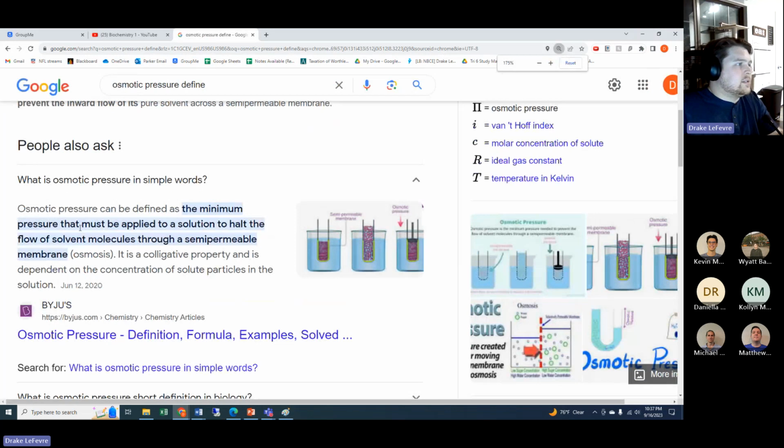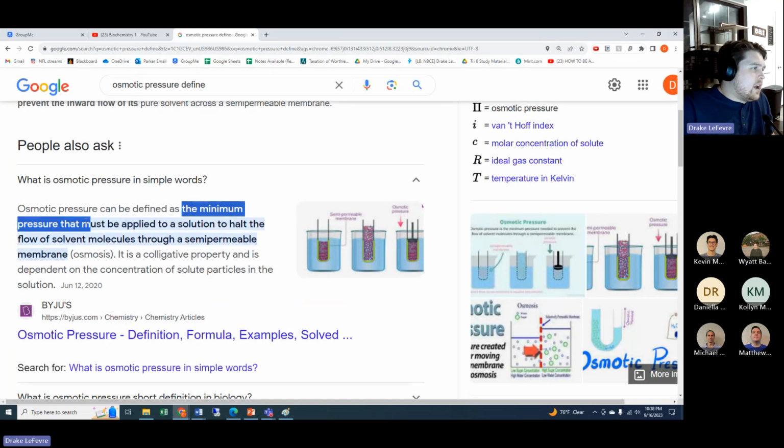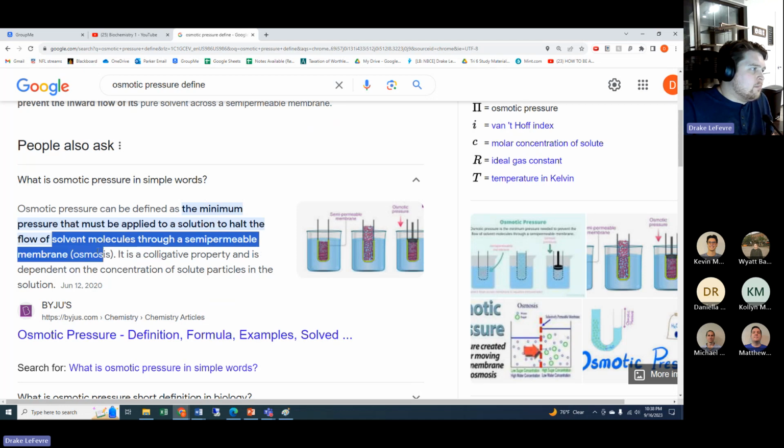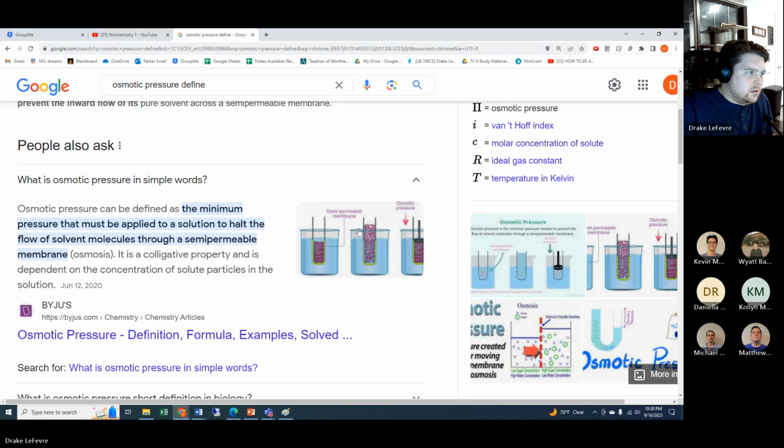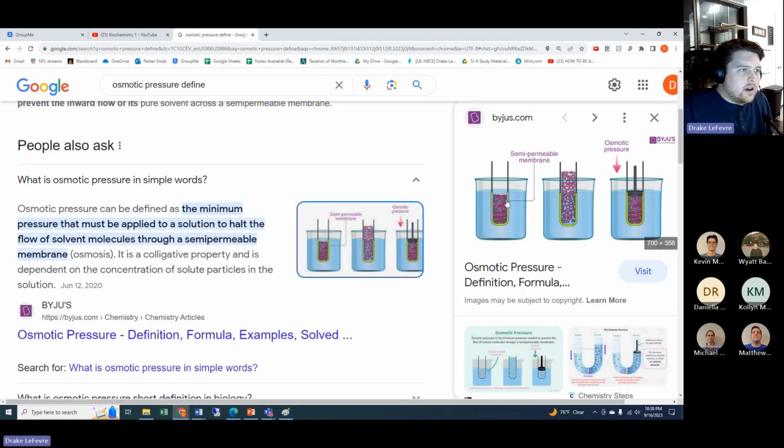osmotic pressure is defined as the minimum pressure that must be applied to a solution to stop the flow of solvent molecules. So we're talking about the liquid, the water, through a semi-permeable membrane. So we have this membrane, and we're going to add pressure here.